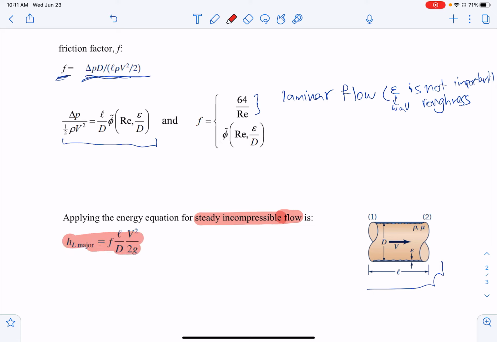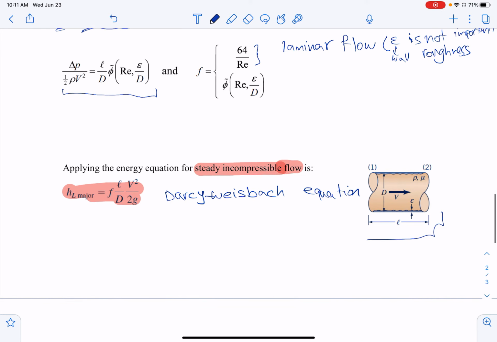So this is the formula for major loss right here. And we also call this formula the Darcy-Weisbach equation. This is another name for it.